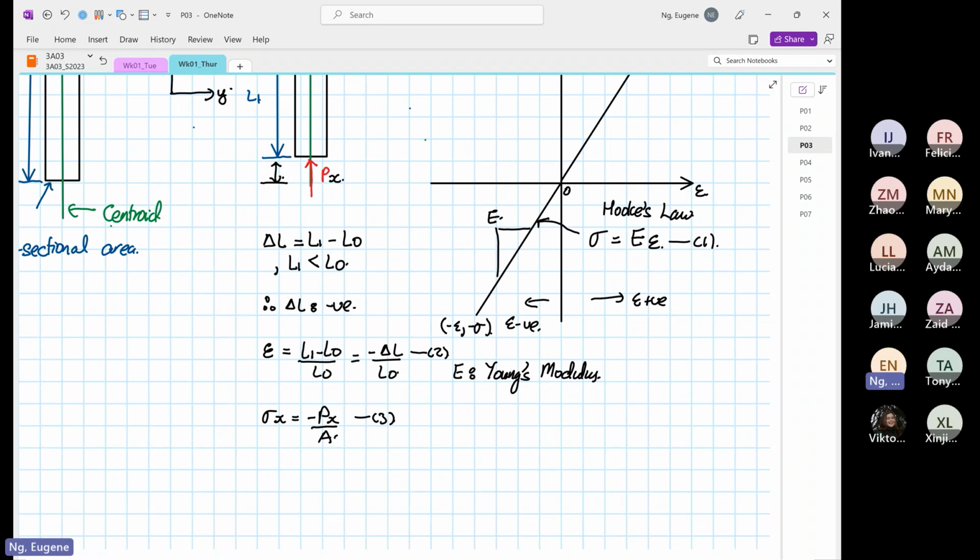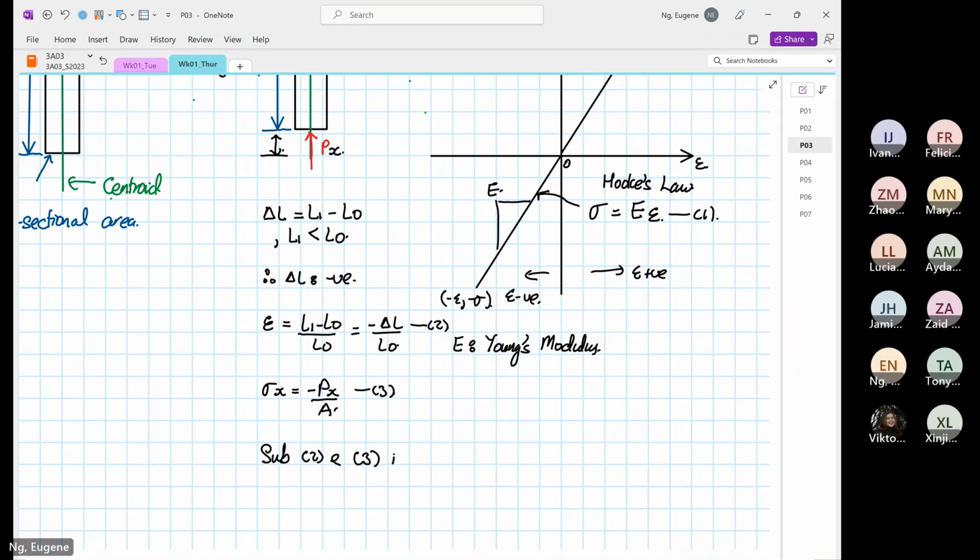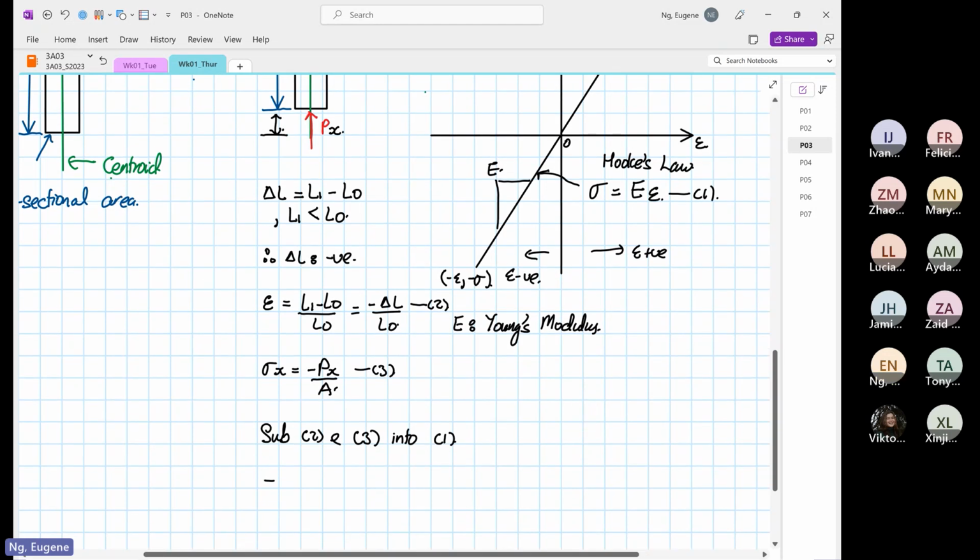So what we're going to do now is substitute equation number 2 and equation number 3 into equation number 1. So equation number 1, let me write, is normal stress equal to Young's modulus multiplied by strain.